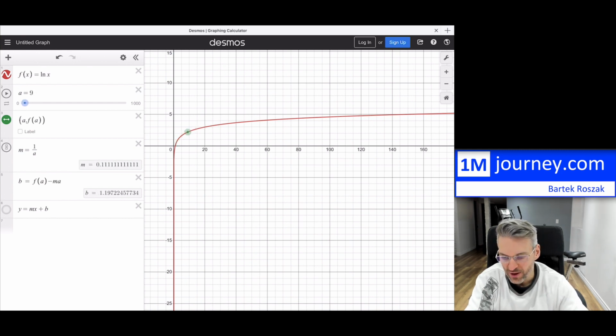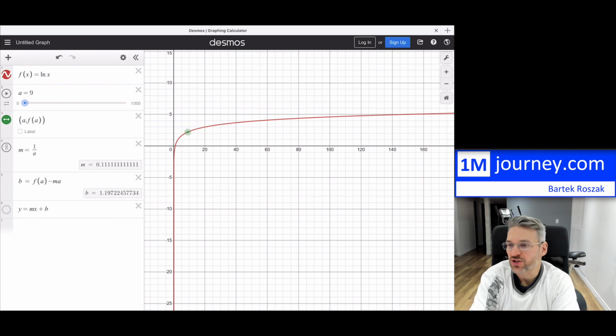Notice the slope that I defined as m, on the left-hand side, is equal to 1 over x. That is the actual derivative of ln x. I want to know what the slope is at every single point, and that's going to be 1 over x. Now it's 1 over a, because a is my x value that I have in there.